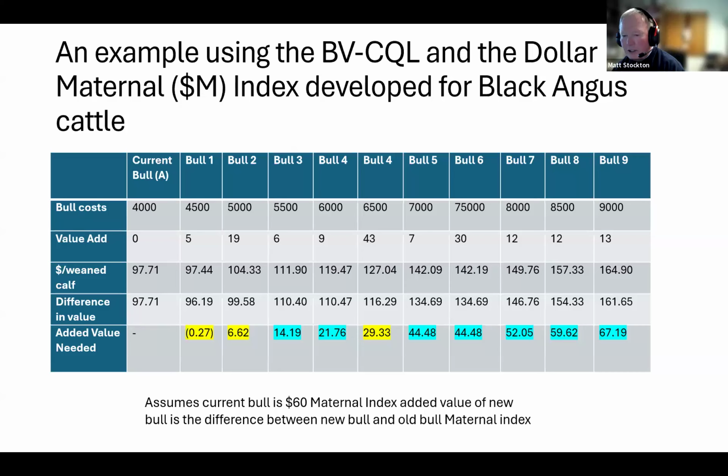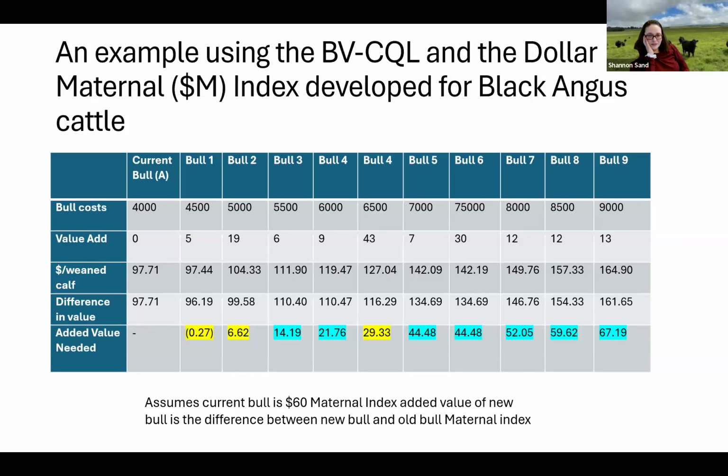What I think, Randy, is that shouldn't be 75,000. That should be 7,500. Oh yeah, we put one too many zeros. Sorry, we missed that when we were doing it, but it's 7,500. But you look at bull 5, he was 7,000, right?